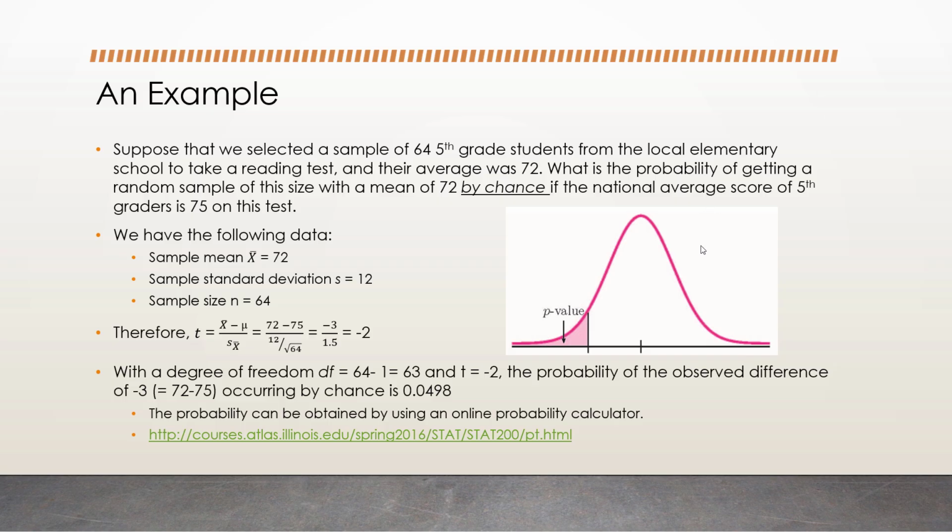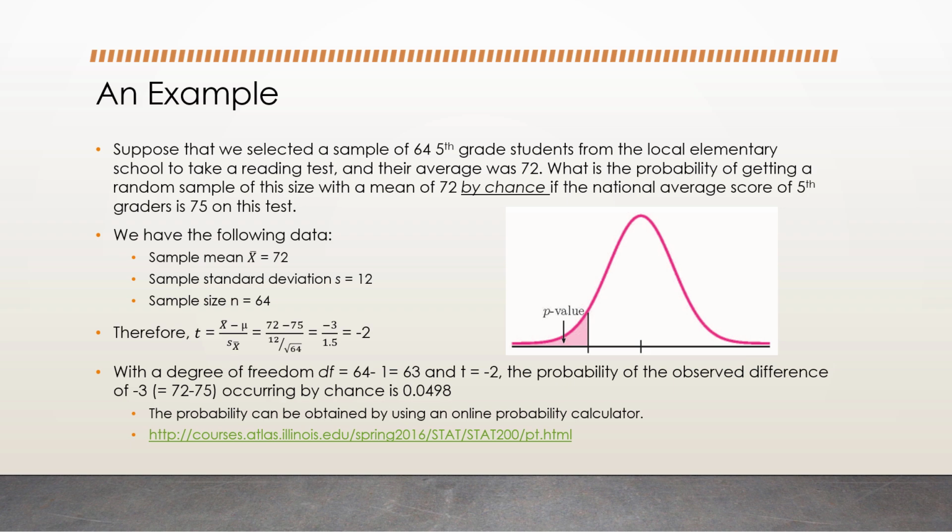Based on this t-value observed from the sample, along with the degrees of freedom, which is n-1, we can look it up in a t-distribution table or use an online calculator. The probability of getting the observed difference of -3, which was from 72 minus 75, by chance, if the population mean really is 75, is 0.00498.